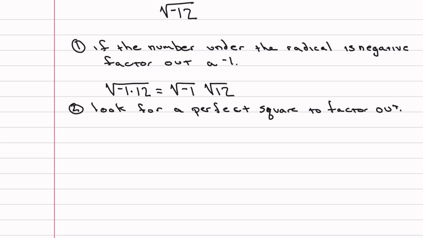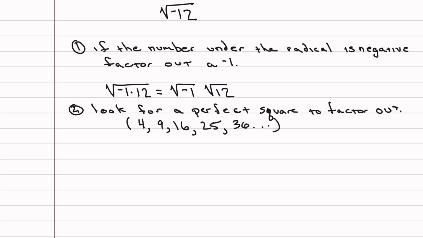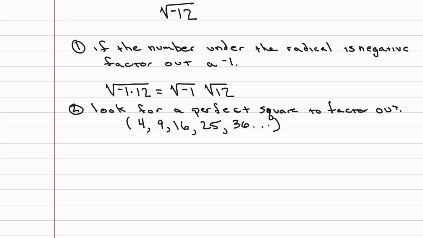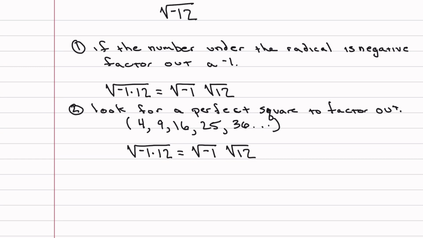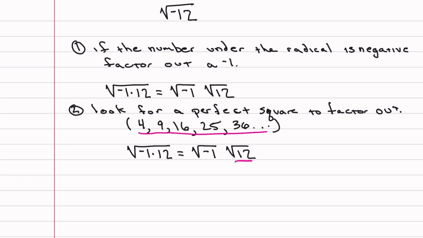For my second step, I'm going to look for a perfect square to factor out. And when I say perfect square, I mean 4, 9, 16, 25, etc. You may recognize these as being 2 squared, 3 squared, 4 squared, etc. A perfect square is just a number that you can take the square root of and get a whole number. In this case, looking at the steps that we've already done, we now have a 12 here, and we can factor one of these perfect squares out of a 12, and that would be 4.